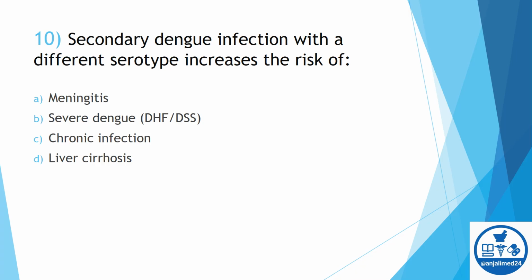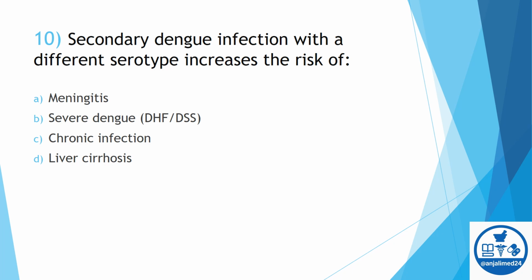This happens because of a process called antibody-dependent enhancement, or ADE. In simple terms, when a person gets dengue for the second time with a different serotype of the virus, the antibodies made during the first infection don't neutralize the new virus. Instead, these old antibodies help the new virus enter immune cells more easily.